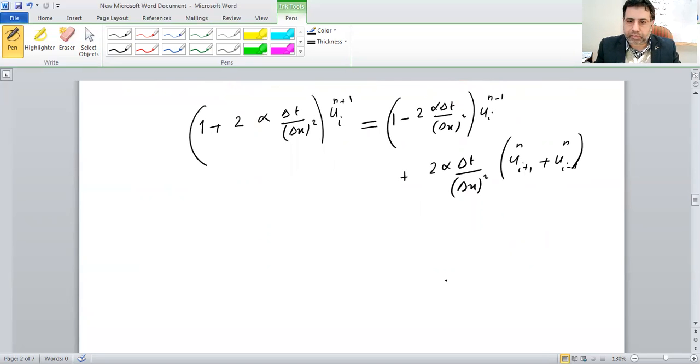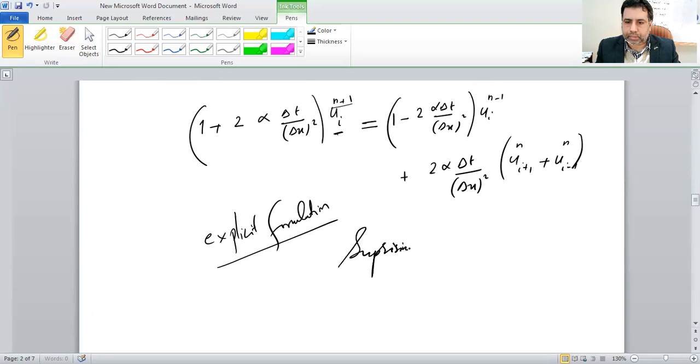This is again an explicit method, because the solution at location i and at a new time level depends on all the information available at the previous time levels. So this is again an explicit formulation. But what is the surprise? Surprisingly, this scheme is unconditionally stable.